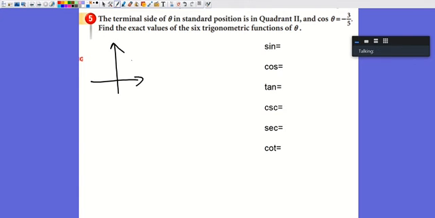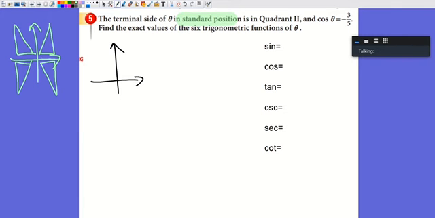And remember, when you see the word standard position, you should always think it's going to be one of these triangles here. That bottom left triangle, I need to fix.